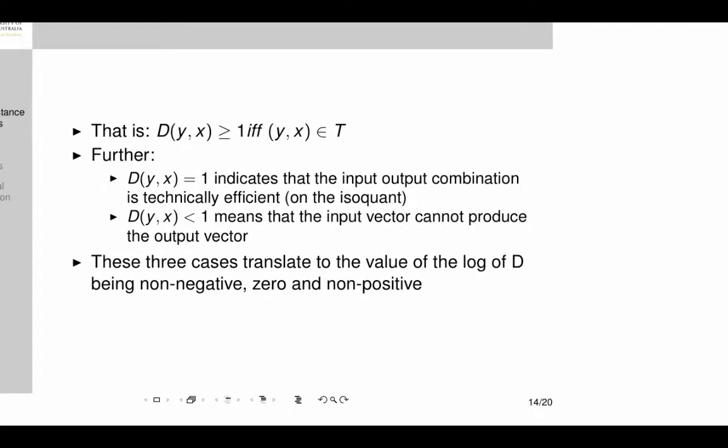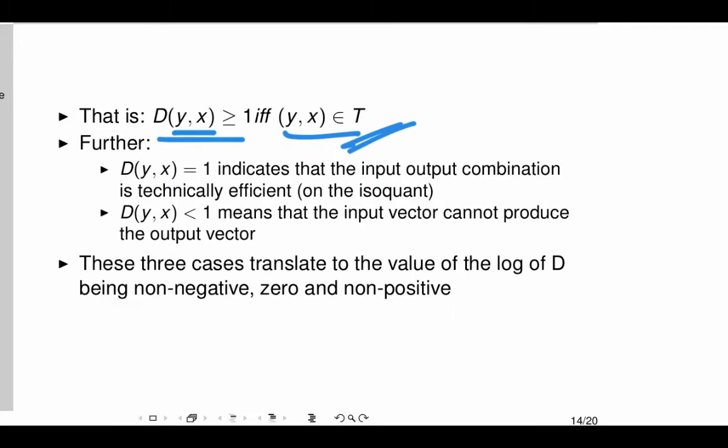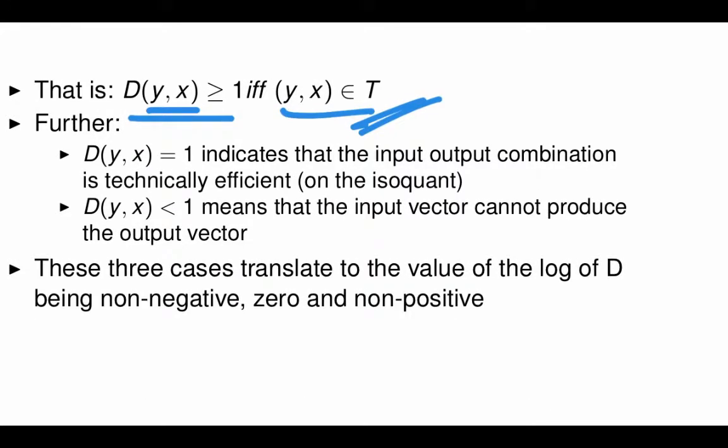For example, if we have an input vector x and an output vector y, and if the distance function value for that combination is bigger than or equal to 1, then that's telling us that x is at least capable of producing y, or in other words, the combination of inputs and outputs is feasible, or is a member of the technology set T. A special case of that is when the distance function value is just equal to 1.